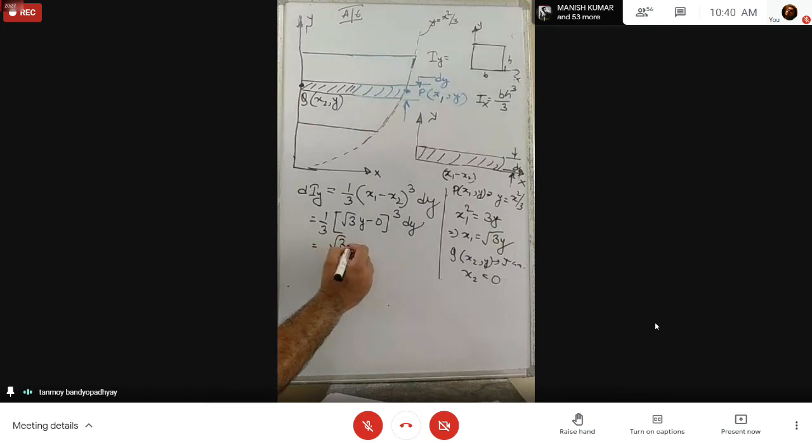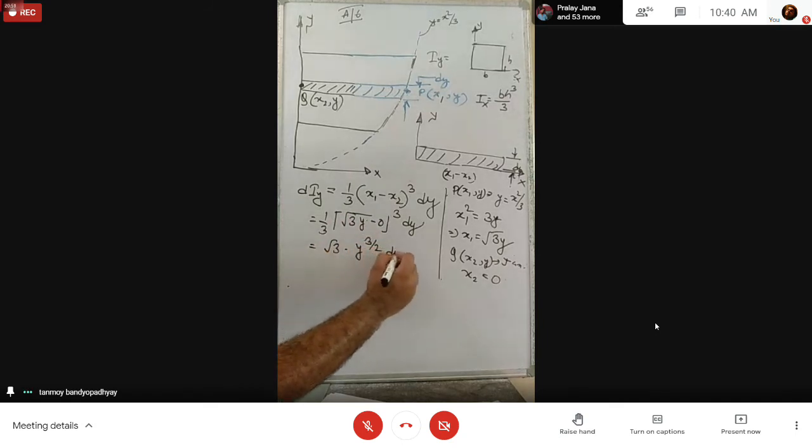So root 3 y cube into dy. Now what will y cube be? Sir, y to the power 3 by 2, right? Yes, correct, the y is inside the root. So root 3 to the power 3 means 3 into root 3. So that is root 3 into y to the power 3 by 2 into dy.